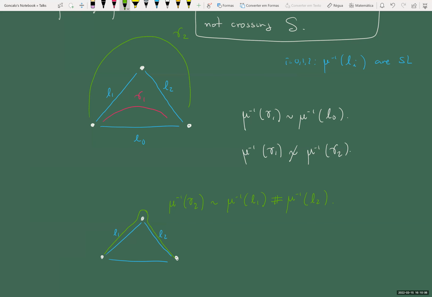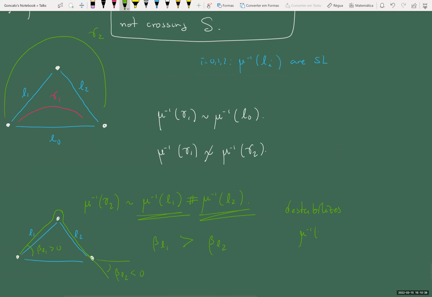And you can check that it is really unstable, because if you look at the average grading of this one and the average grading of that one, it's basically these angles here. This is beta L1, and beta L2 is this thing here. This one is positive and this one is negative. So in particular, here beta L1 is greater than beta L2, and this destabilizes mu minus 1 of gamma 2.